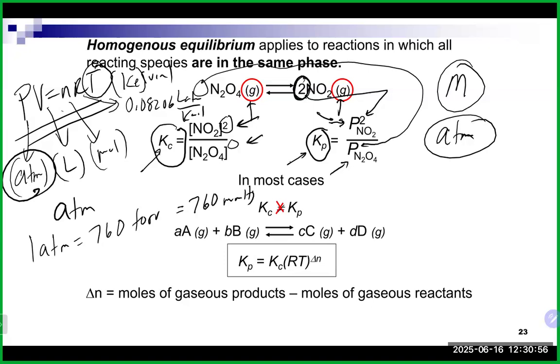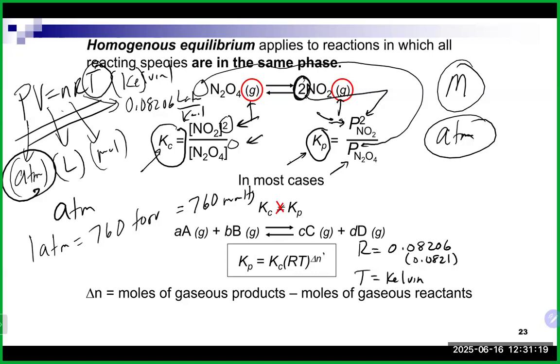The Kp value equals the Kc value times RT to the delta n. This R is the gas constant that you use in the ideal gas law, 0.08206, or 0.0821 if that's what you learned. The temperature does need to be in Kelvin.